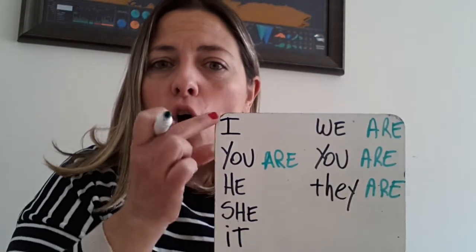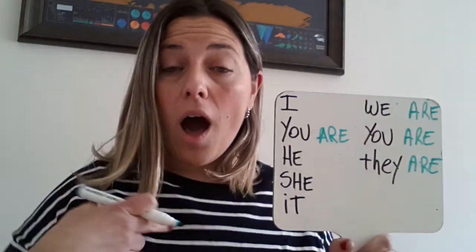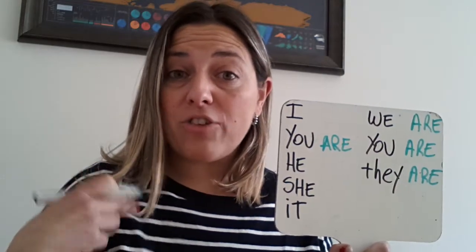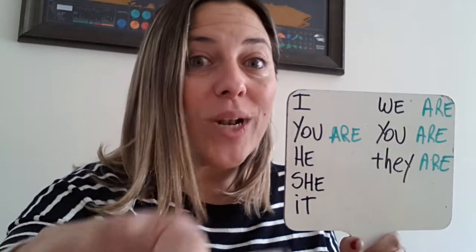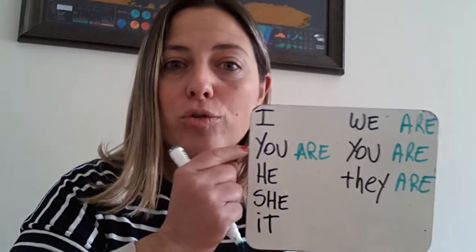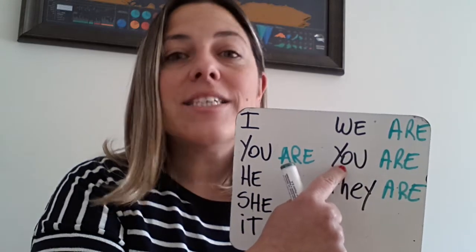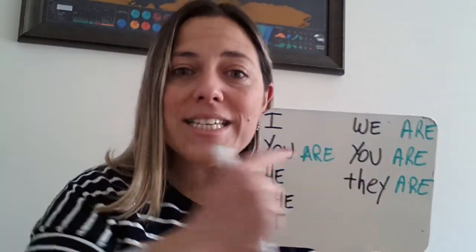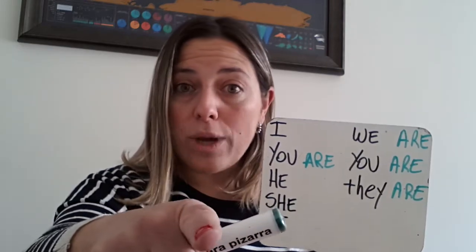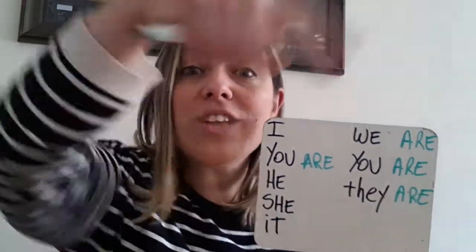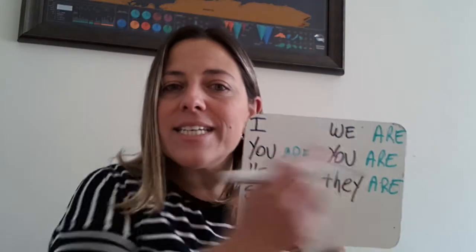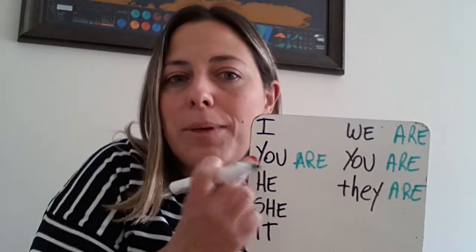This you. All this is singular. I, the person who speaks. You, the person who listens, but only one. This you is also who listens, but plural. Yes? You can be one person, or you can be more than one. It's the same word.